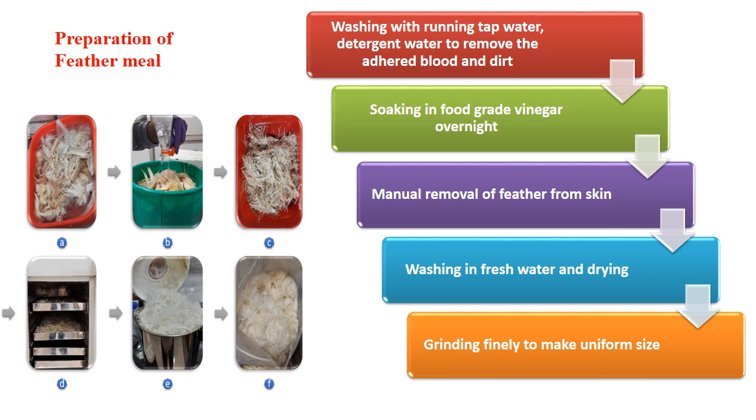Then it is soaked in vinegar overnight, and then we can manually remove the feather from the skin, and finally we can wash the feather in fresh water and dry it, and then there can be grinding to make a uniform size of feather meal. So this is the normal feather meal. There is no hydrolysis, etc. The same thing can be done directly when we get the feather, or when we get it along with the skin.